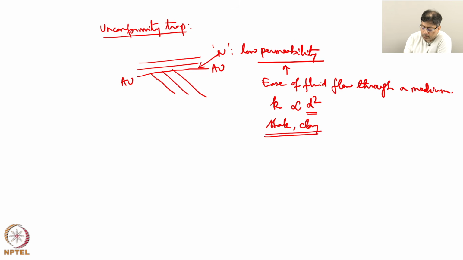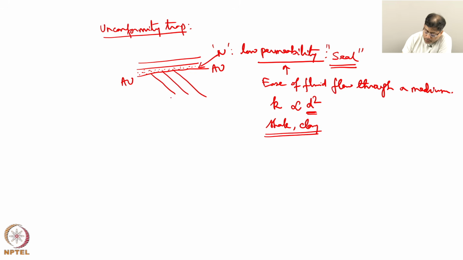Now, come back to the angular unconformity situation. Suppose here we have shale or clay deposition, they are fine grained, d is small, so k is very low. Low permeability means very low potential of fluid flow through them. So, these low permeability materials can act as seal, that prohibits the fluid flow.